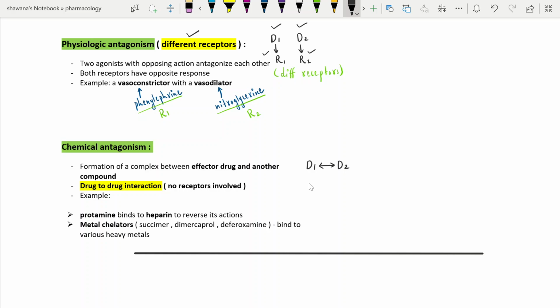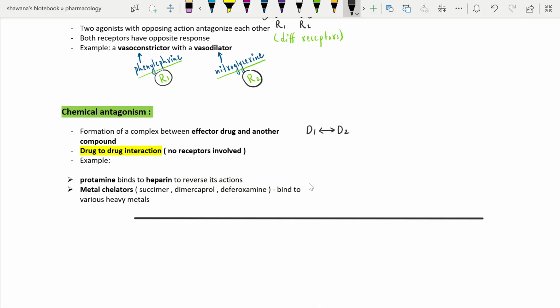The vasoconstrictor is phenylephrine and the vasodilator is nitroglycerin. Phenylephrine has its own receptor, R1, and nitroglycerin has its own receptor, R2. They elicit different responses opposite to each other because these are antagonists to each other.